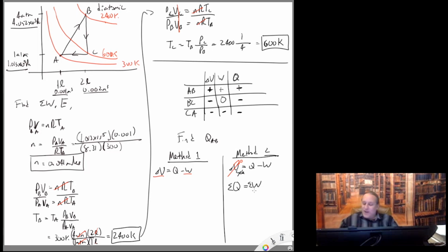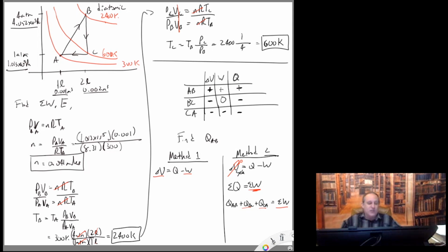So since we're going to find the net work anyway, the net Q would be QAB plus QBC plus QCA. And QBC is constant volume and QCA is constant pressure. We have formulas for those two. So if we wanted to use our Q formulas, we could find QBC and QCA and the net work, and then subtract those two heats from the net work to find QAB.